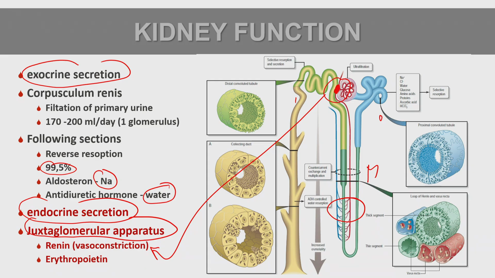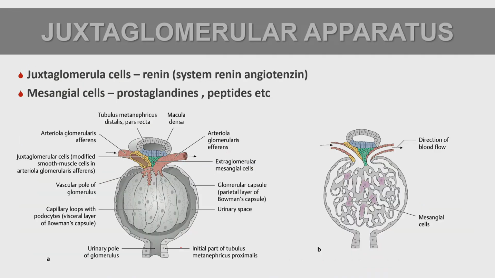So this is very important in the pathophysiology of hypertension, blood hypertension. And the second is erythropoietin, because blood could also be guided by the content of transported oxygen. When the red blood count is too low to support the perfusion of the kidney, erythropoietin is created, and it increases the production of erythrocytes in bone marrow.